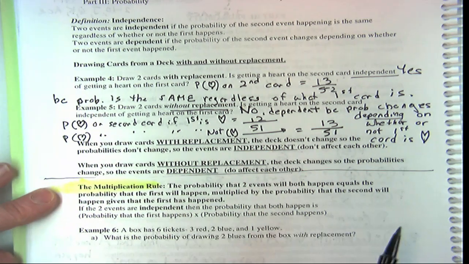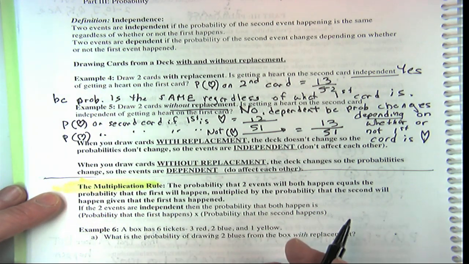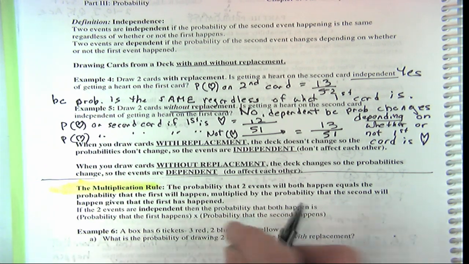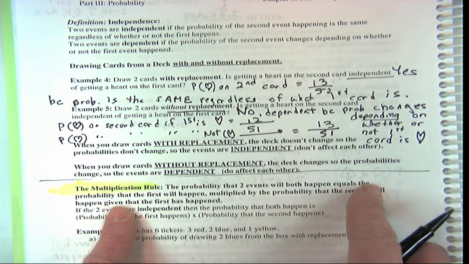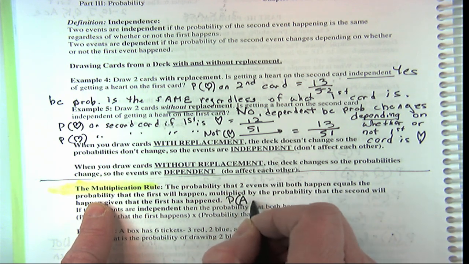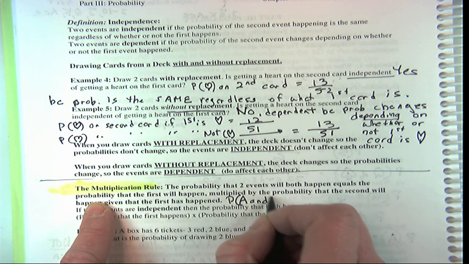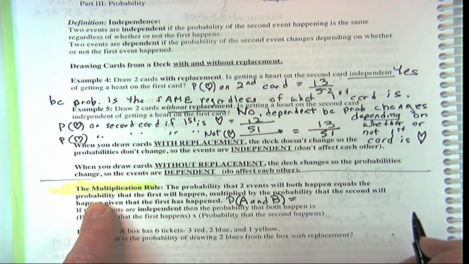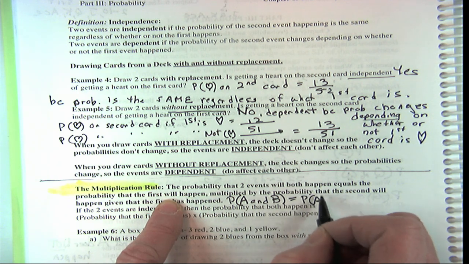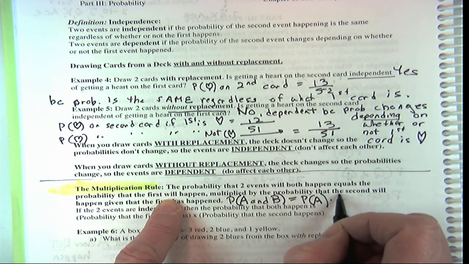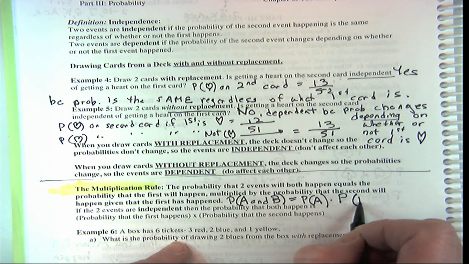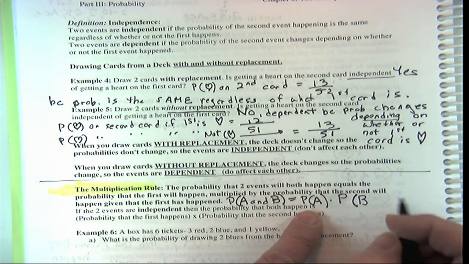So the multiplication rule is that the probability that two events will both happen, so the probability of A and B both happening, is equal to the probability that A will happen, times the probability that B will happen, given that A already happened.